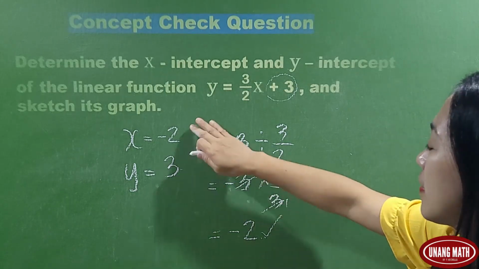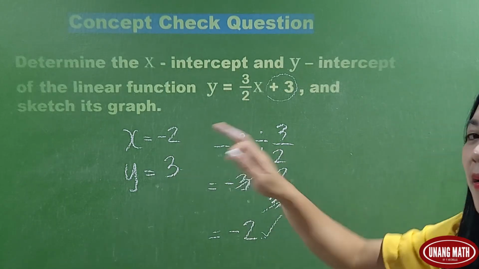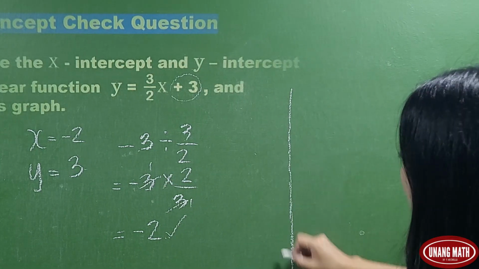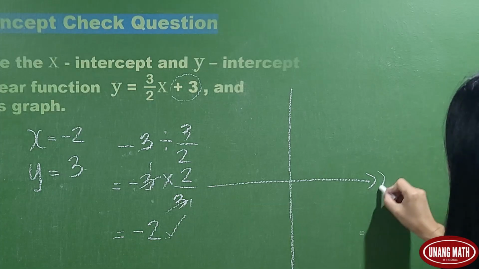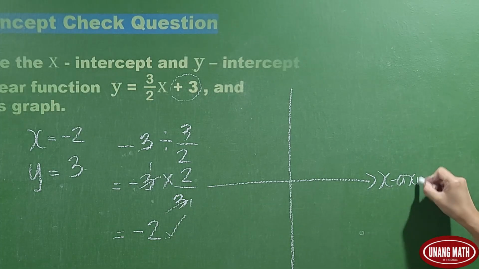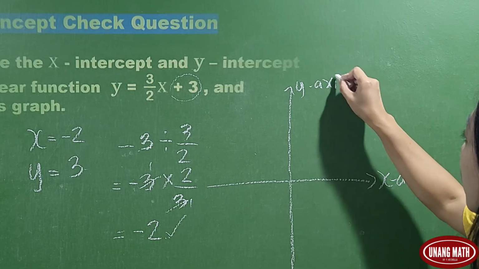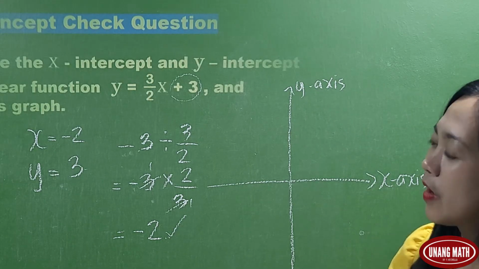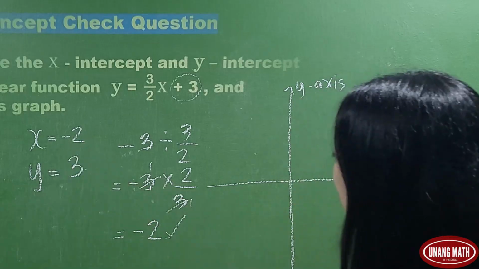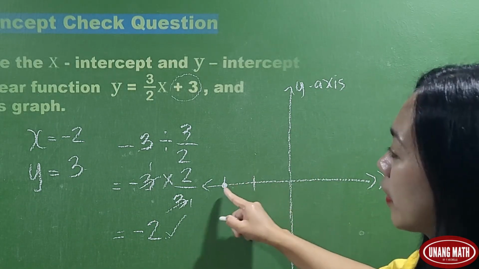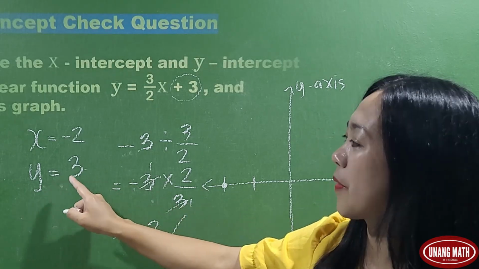So, that means our x-intercept is negative 2. Now, let's plot these points on our coordinate plane. So, this is our x-axis. This is our y-axis. The x-intercept is negative 2. So, 1, 2, to this point. What about our y-intercept?